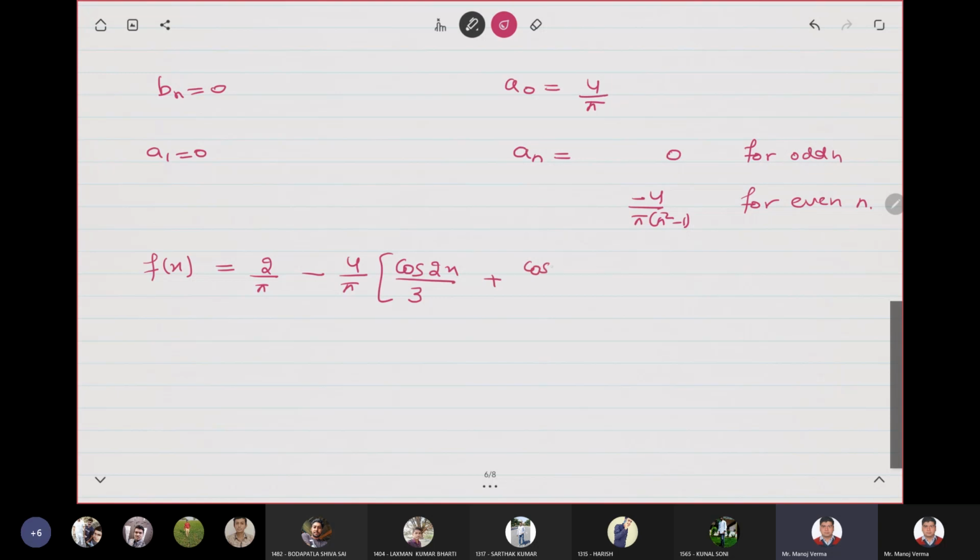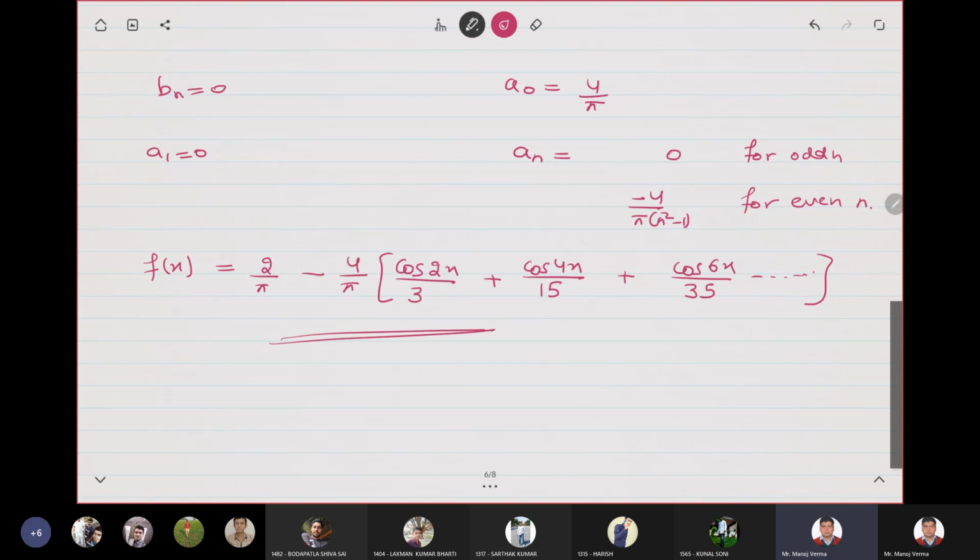So cos 4x divided by 4 raised to the power 2 is 16 minus 1 is 15, plus cos 6x divided by 6 square, 36 minus 1, 35, and so on. Only the even number of terms will appear in this bracket. So this was your Fourier series expansion for a full wave rectifier.